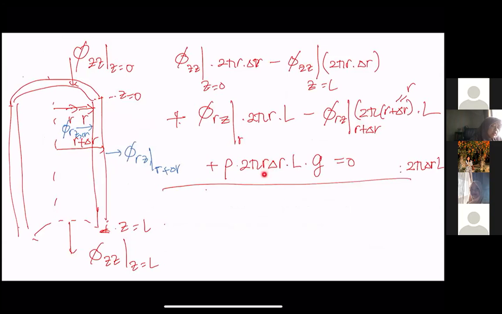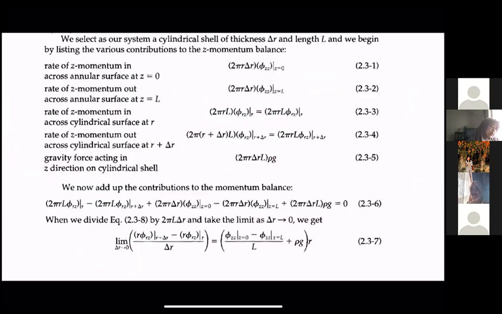This is because the R in here is not the same as the R in here. So we divide by 2π delta R, and then take the limit as delta R goes to 0.